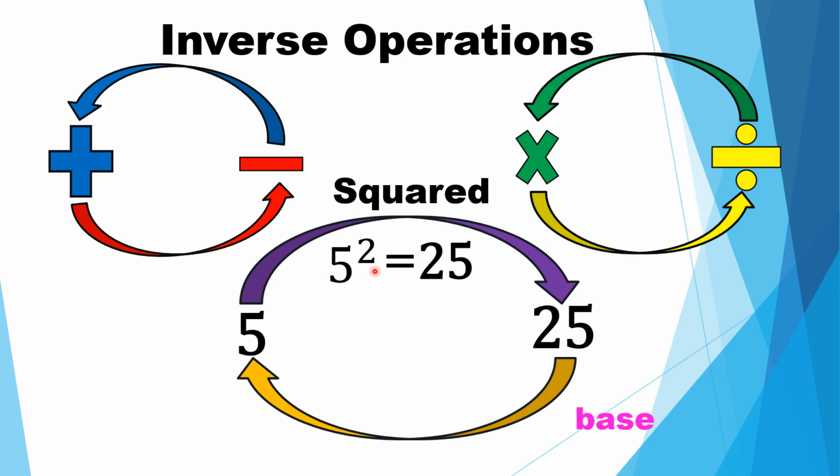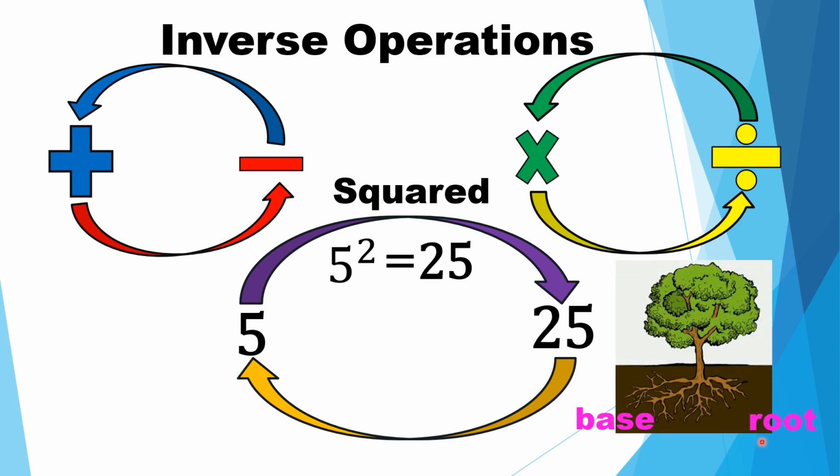The words base and root have a similar meaning, especially if you think of a tree. The root is also the base of a tree. And that can help you remember how root operations work. With the root operation, you start with the answer of an exponent, which is 25, and try to figure out what is the base of the original exponent.